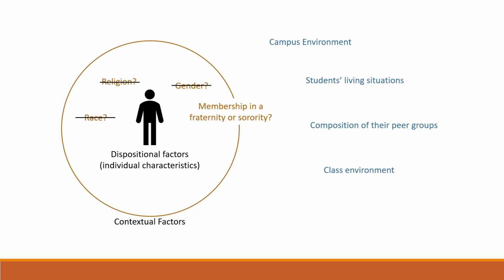So researchers have found that these contextual factors maybe have a little bit of influence, but let's be honest, we have very little control over the campus environment or students' living situations or the composition of their peer group or things like that.